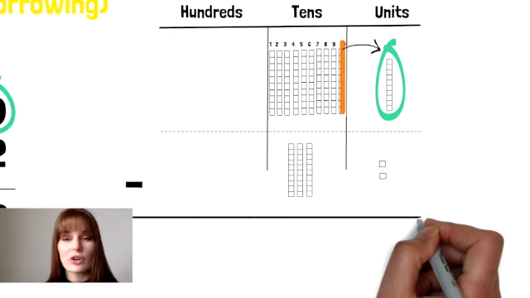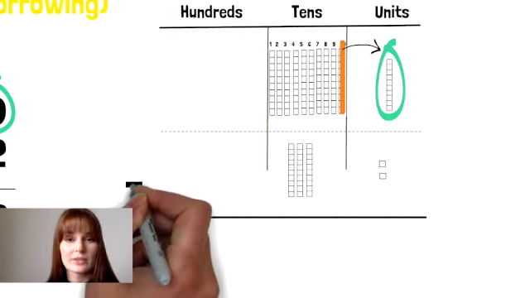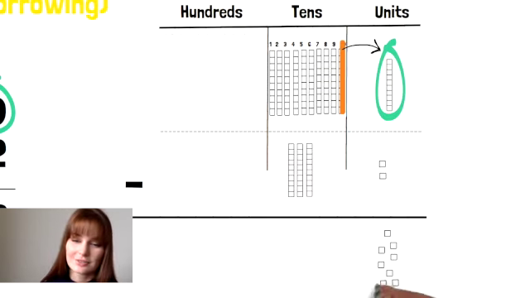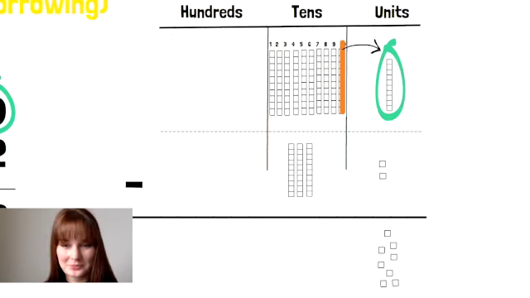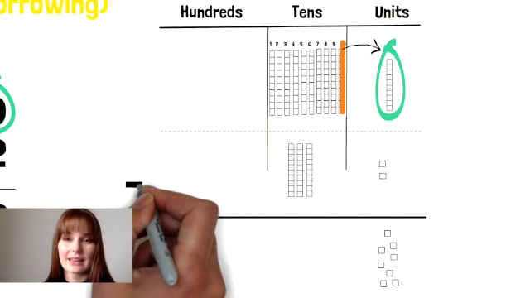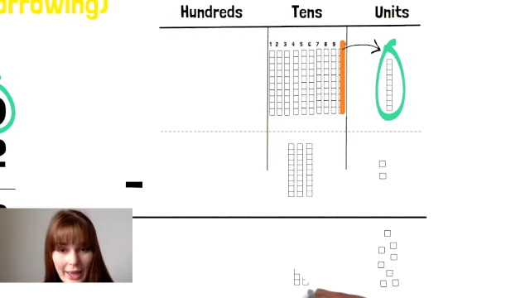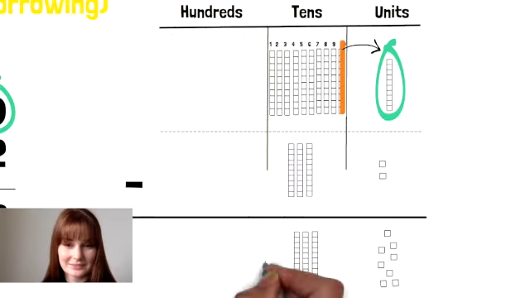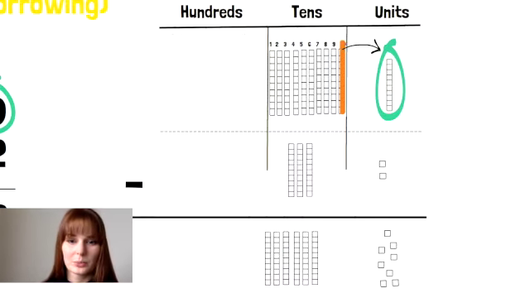So now we just solve this new equation. All we've done is moved what I had in the hundreds column throughout the other place values. So 10 take away 2 is 8, and 9 take away 3 is 6. So I hope that helped to see what was actually happening in that equation.